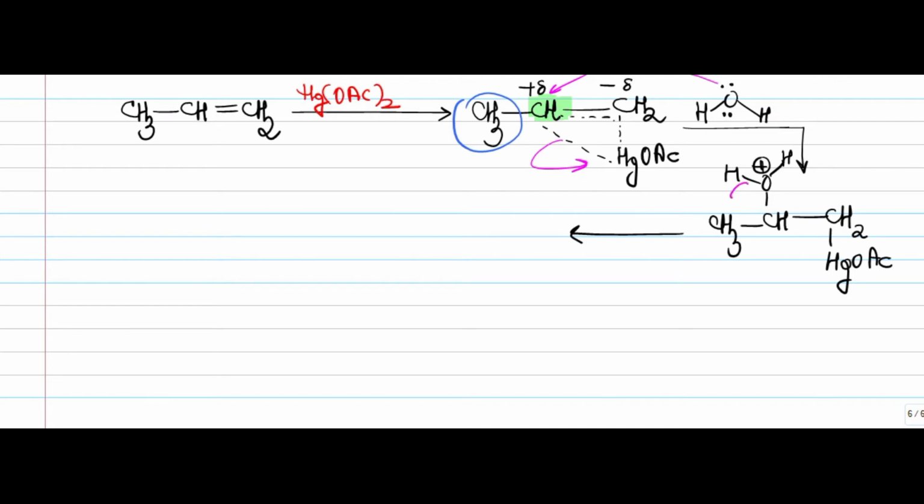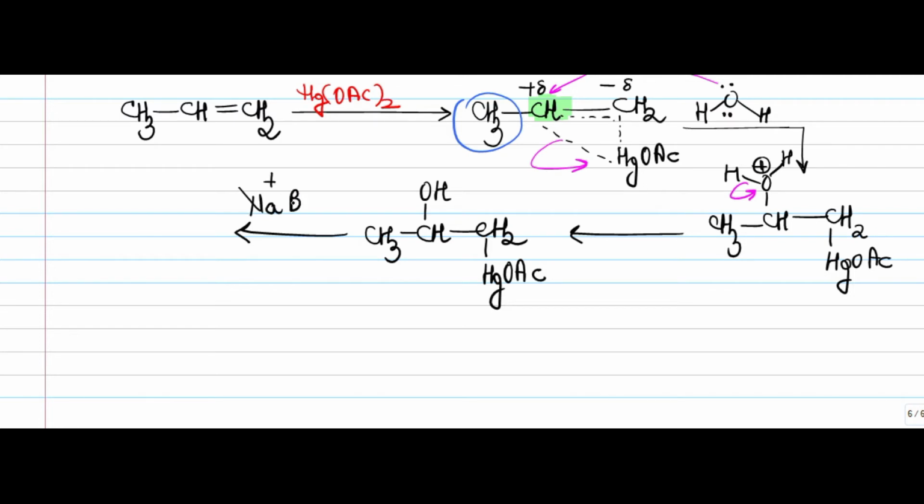now there is this deprotonation, which results into CH3, CHOH, CH2, and HgOAc. The next step is reduction with sodium borohydride, generally in alkaline condition, so OH minus, and now you have the final product, which is CH3, CHOH, CH2, and H. So here you can see that the water gets added here.